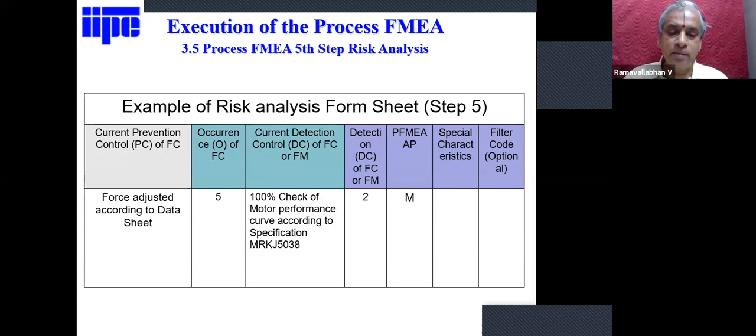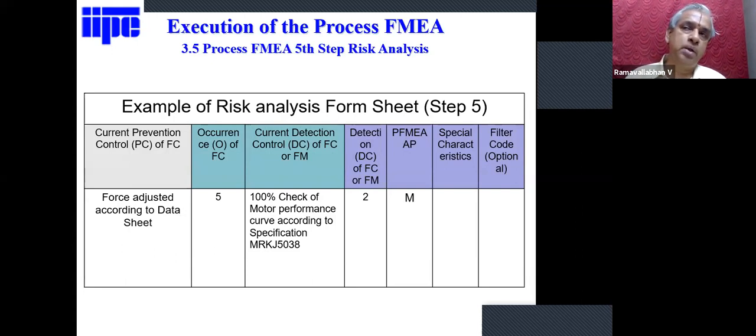This rating, I will show you the scale. These ratings we need not memorize actually. I will tell you some logic, and based on that logic, you can understand which particular number you have to take.